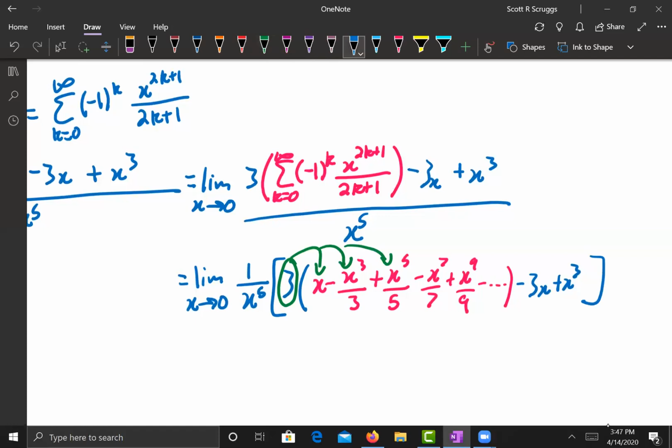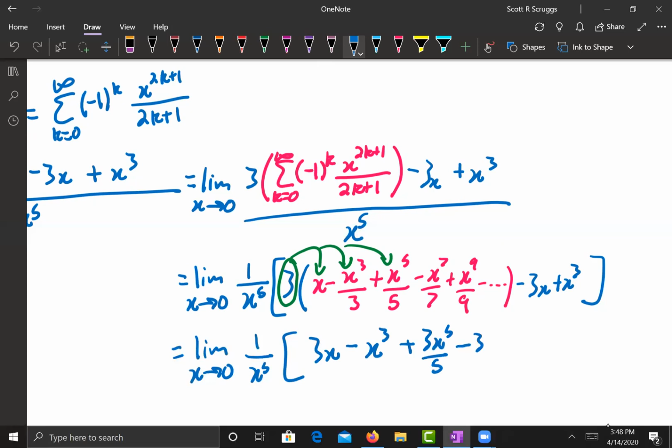So I have the limit as x goes to 0 of 1 over x to the 5th, 3x after distributing the 3 to that first term, minus x cubed over 3 times 3, but the 3's will cancel, so I'm just left with an x cubed plus 3x to the 5th over 5 minus 3x to the 7th over 7, keeps on going, minus a 3x plus an x cubed.